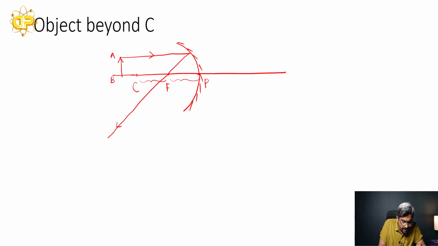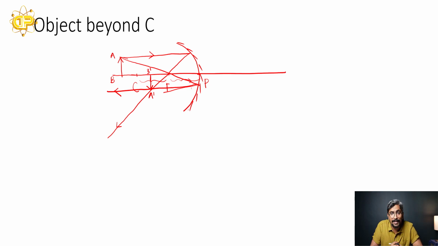Now I am taking another ray which is coming from the same point and passing through the principal focus. After reflection it will pass parallel to the principal axis and they will meet at this very point. At this point the image is formed, and this point will be A dash and this will be B dash. Observe the image very clearly.